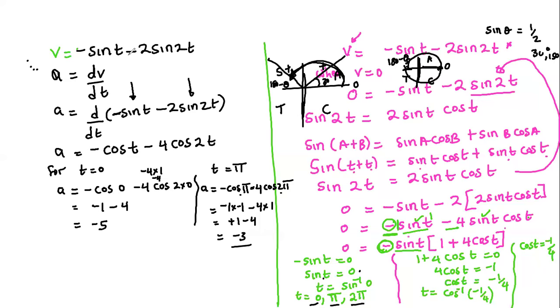When you differentiate sine, you get a positive cos. So there is a -4 cos of 2t, and that negative doesn't appear. It remains there. So a is equal to -5 for 2 pi. That's what people are getting.